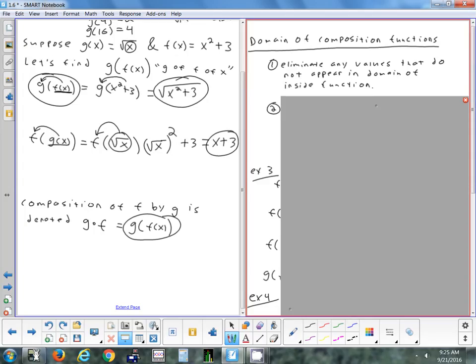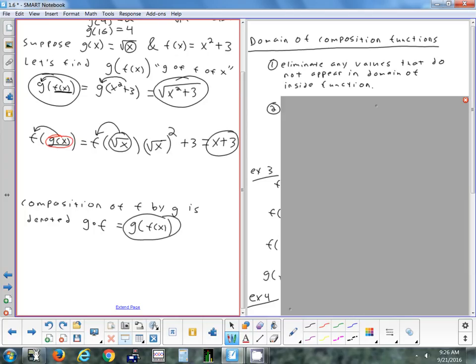First thing you have to do if you want to find the domain of a composition function is look at the inside function. In this problem, what I just circled in red, that's the inside function. Look at that and ask yourself, are there any values that I need to be careful of, in this case with g of x? If there are, we're going to take those into account.